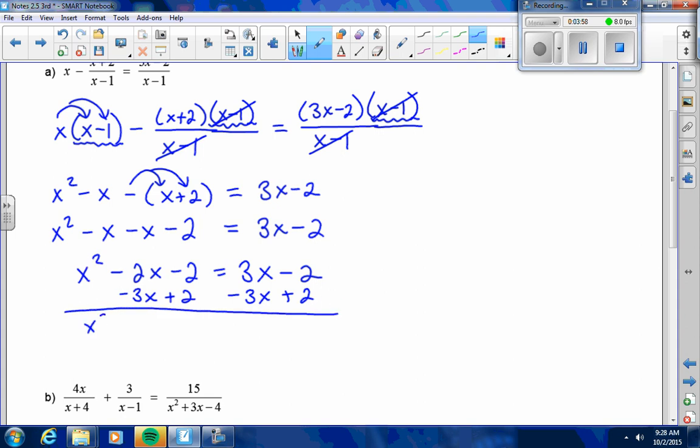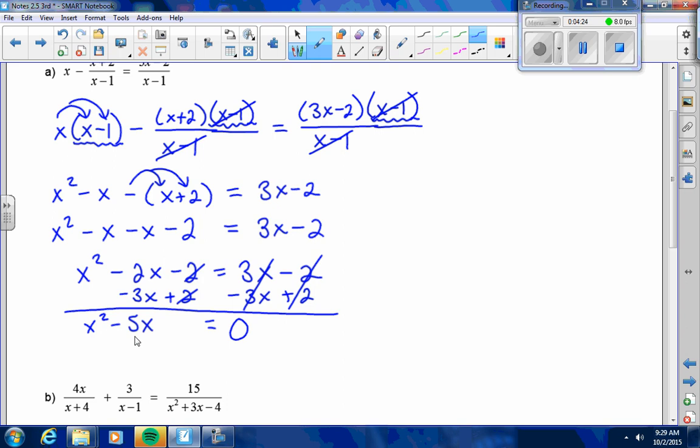So I have x squared, negative 2x minus 3x is minus 5x. Negative 2 plus 2 cancels into 0, equals 3x minus 3x cancels, negative 2 plus 2 cancels, so we're left with what? 0. So I have x squared minus 5x equals 0.